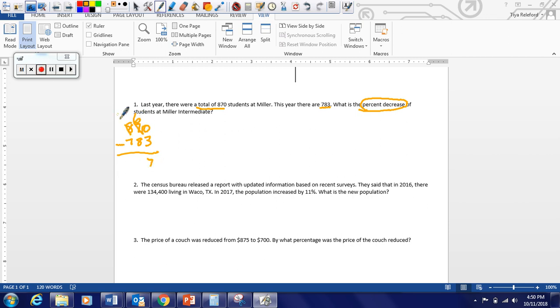And if I'm going too fast, hit pause. Don't copy me, because you know it might be wrong. Alright, that decrease, that is what goes in our proportion. Because percent says bing, bing, bing, you need a proportion. So, if it's percent decrease, we put the change over the original.